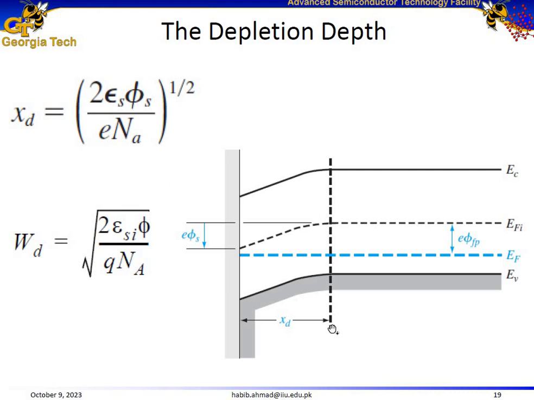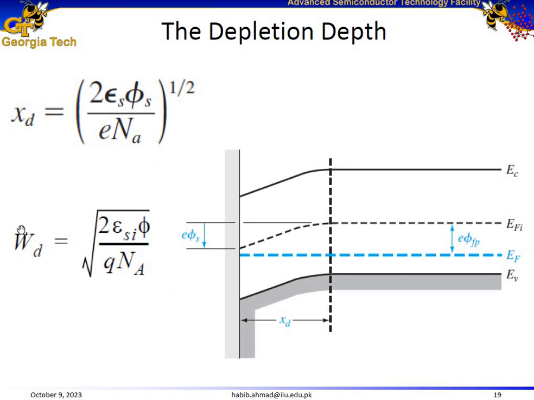For the metal oxide semiconductor structure, the entire depletion region is almost accommodated inside the semiconductor. And we got a simple formula for calculation of this depletion width. It's equal to 2 times permittivity of the semiconductor times the surface potential, which is represented over here, the difference between EFI bulk minus EFI surface, divided by charge on electron times the acceptor doping.